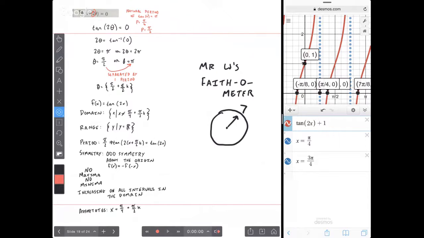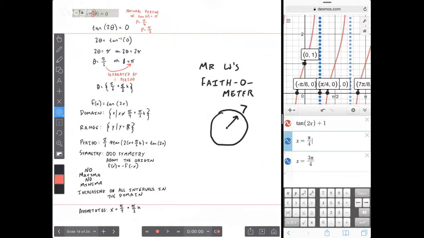Okay, Mary wants to know why is it pi over 4 plus pi over 2k? Well, the asymptotes, there was one here at pi over 4, and then there's going to be another one every period, and the period was pi over 2. So this is where the first asymptote was, Mary, and then the asymptotes happen again every period, and the period was pi over 2.